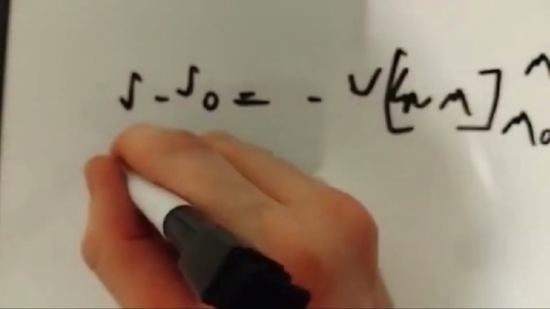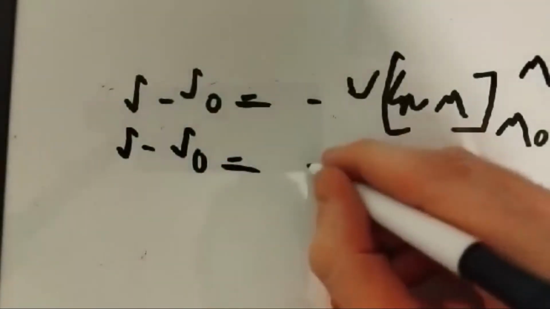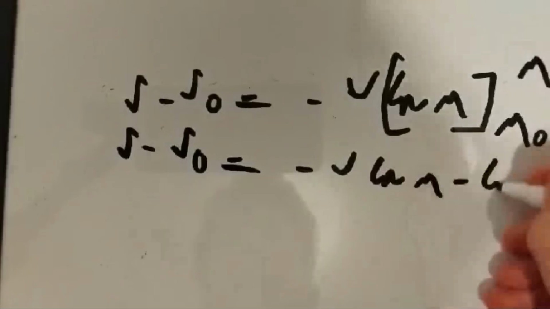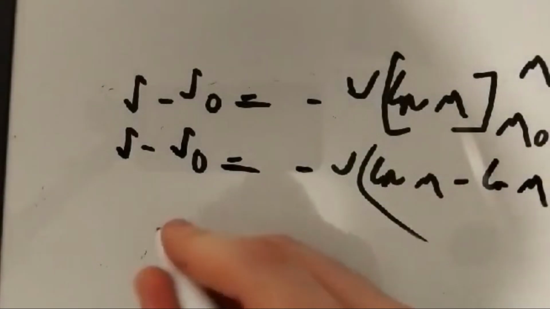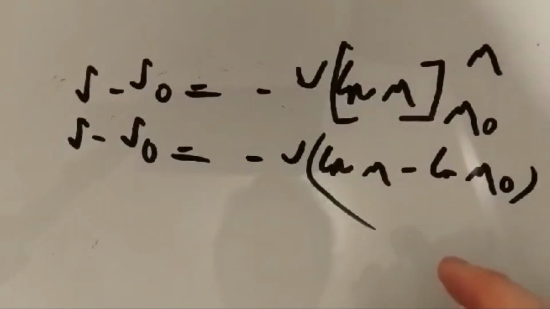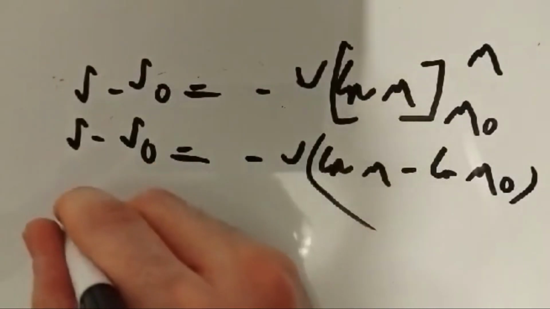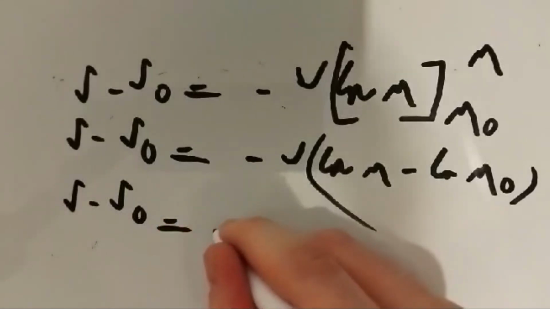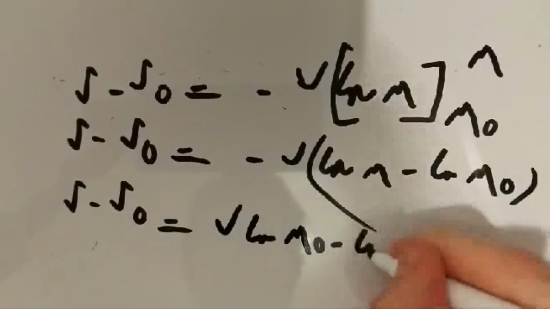Now, once you get into that form, you can do velocity minus the initial velocity is equal to minus u of ln of m minus ln of initial mass. Then you can reverse that with v minus v0 is equal to u times ln of m0 minus ln of m.